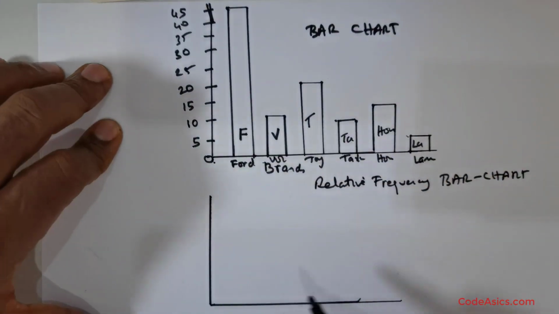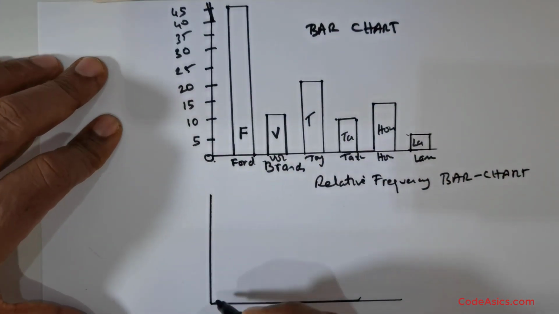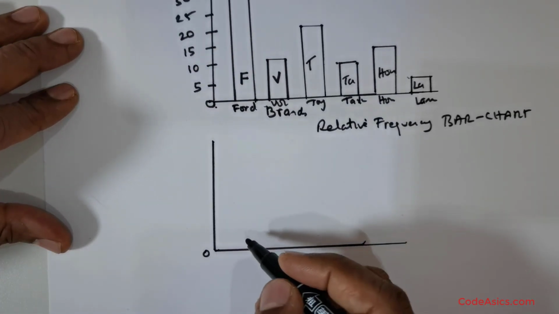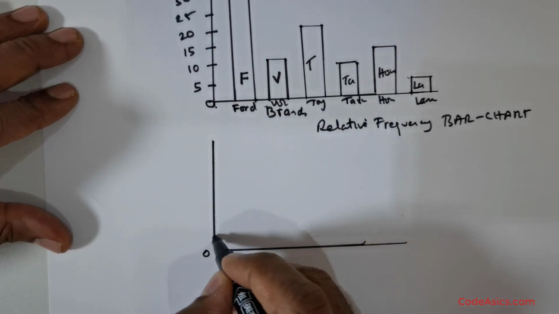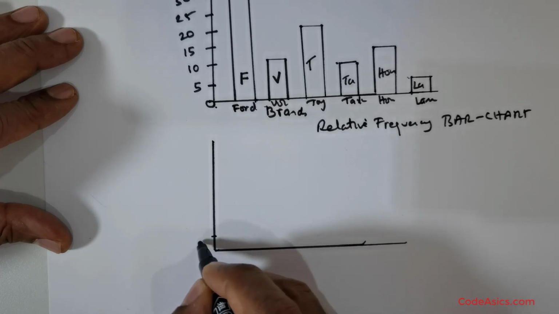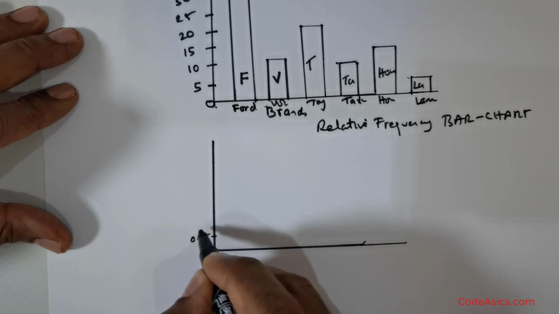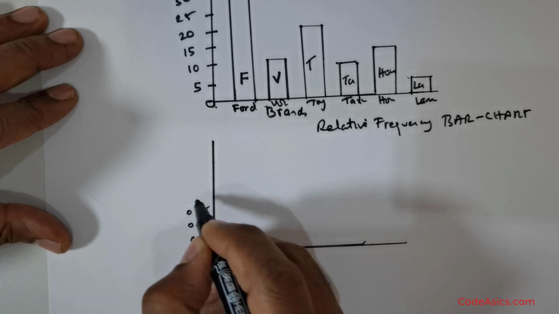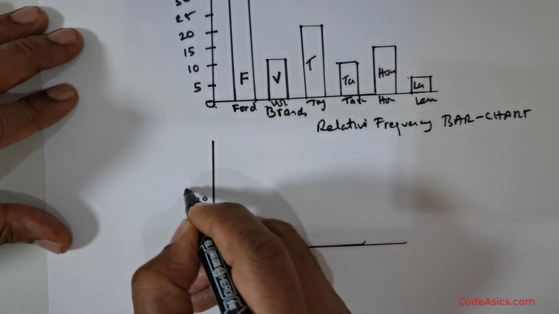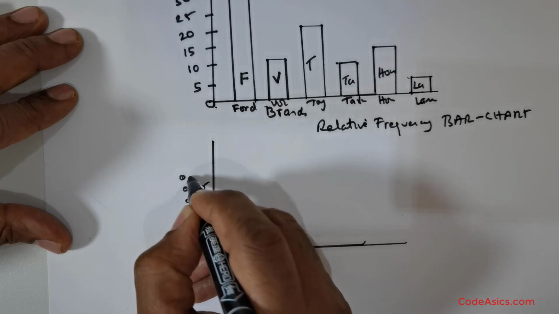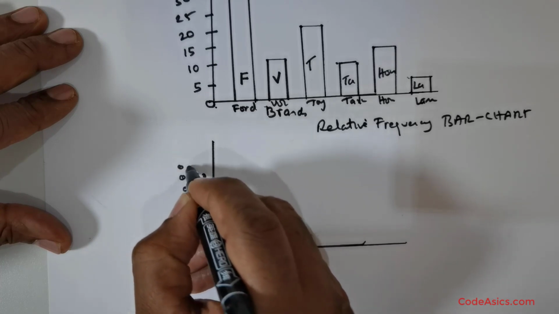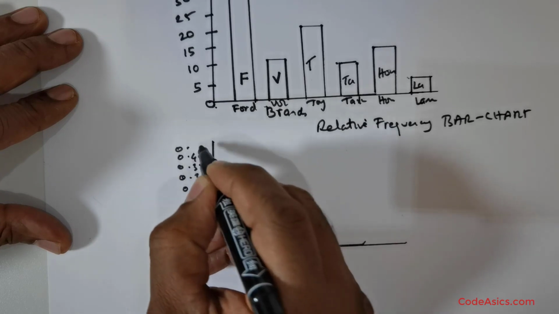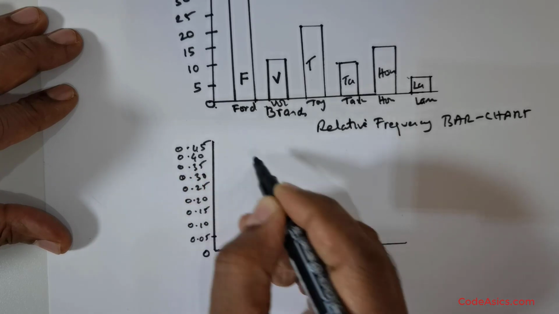So how do I do that? So I start with this end. I start here with 0, and I make the divisions in the following fashion. Say 0.05, 0.10, 0.15, 0.20, 0.25, 0.30, 0.35, 0.40, 0.45, right?